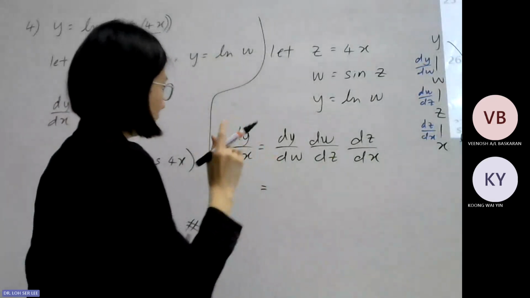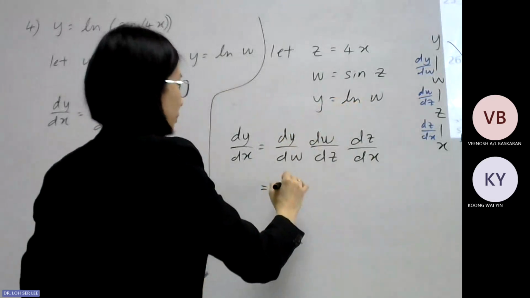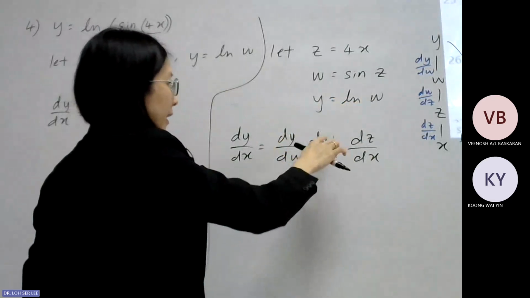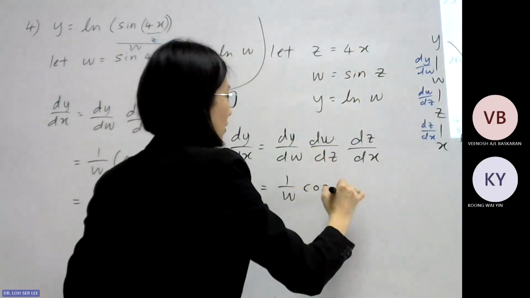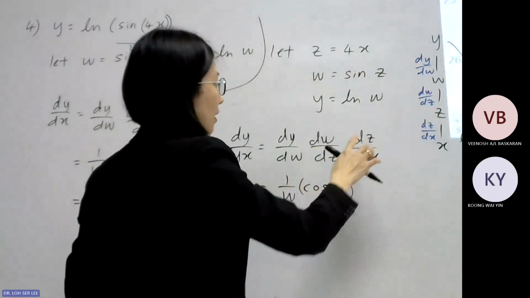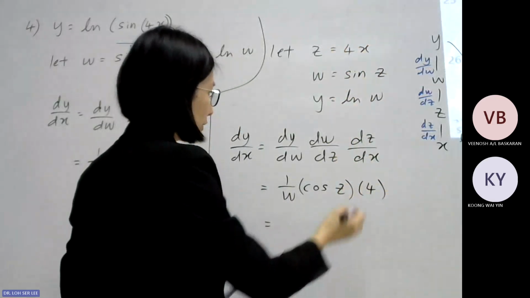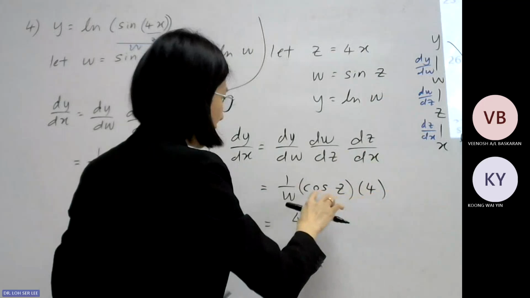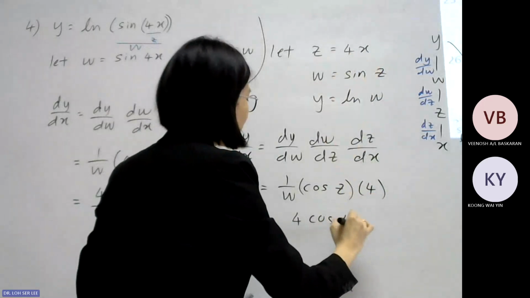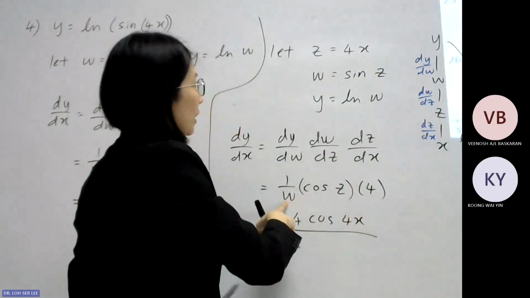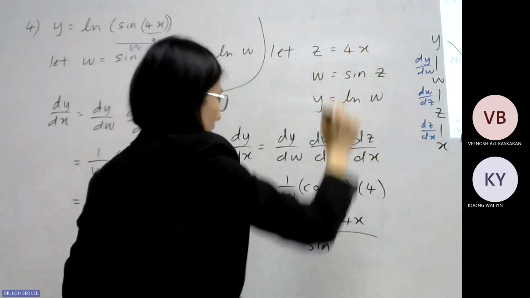Okay, so dy/dw is 1 over w, dw/dz is cos z, dz/dx is 4. So you have 4 times cos z over w, w is sine z, where your z is 4x.